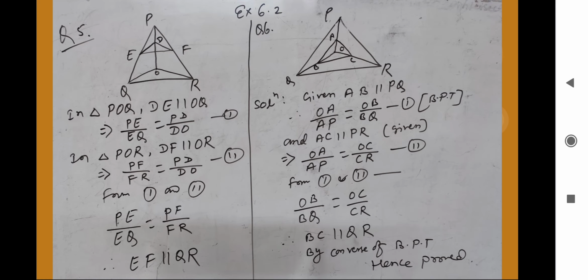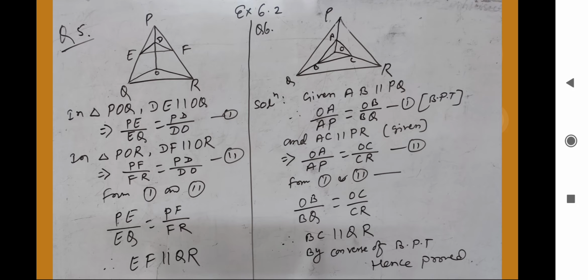Now come to the next question, question number 5. In this question, the figure of triangle POQ is given. In triangle POQ, it is given that DE is parallel to OQ.